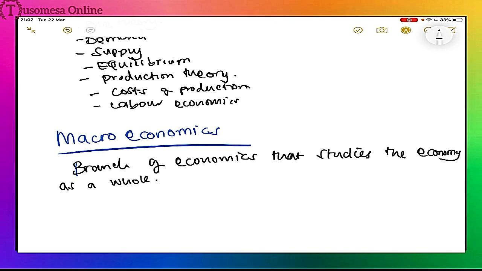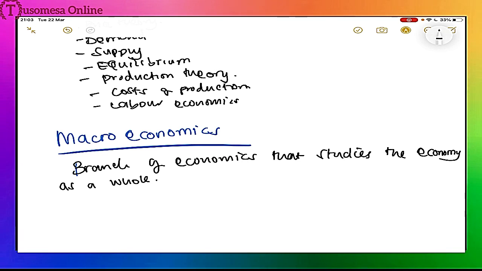It assumes that the economy is a single functioning unit and any decision made affects all the other economic units within. For example, we're talking about Uganda as a whole, and every decision made by the president of Uganda is going to affect everybody in Uganda. Let's say they increase the tax on fuel. It is going to affect everybody in the country.